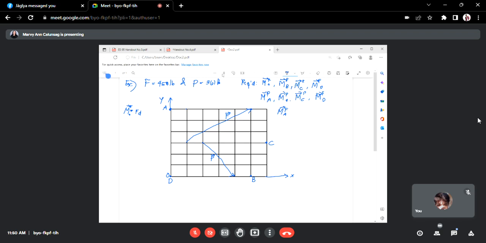Since we have force F, we first get its x and y components.